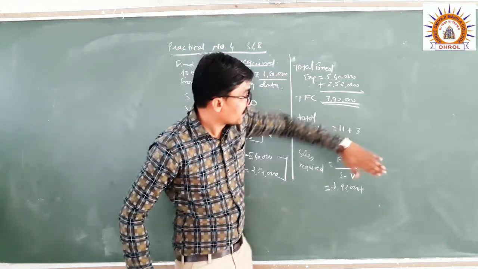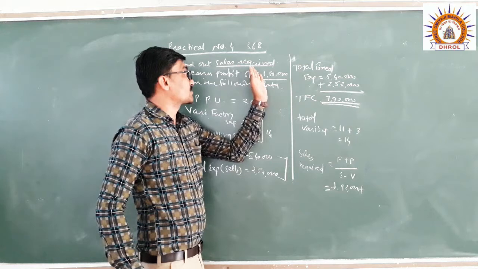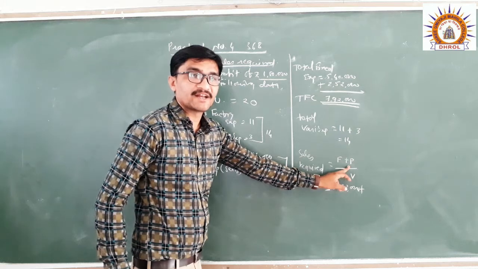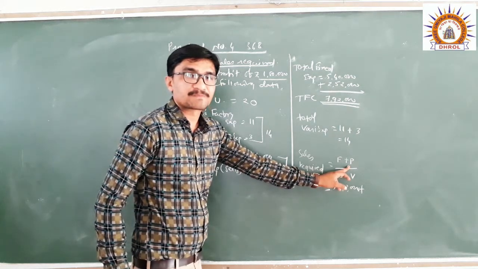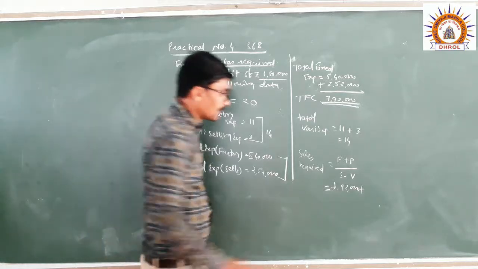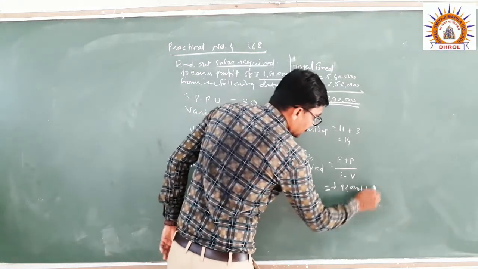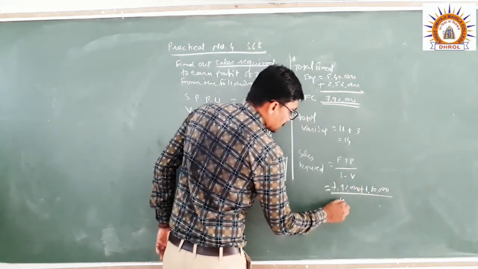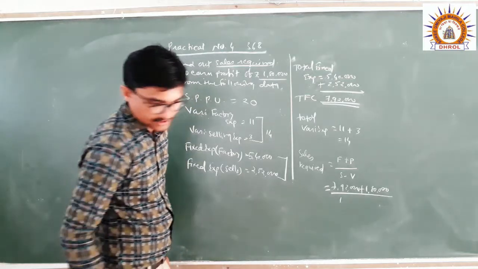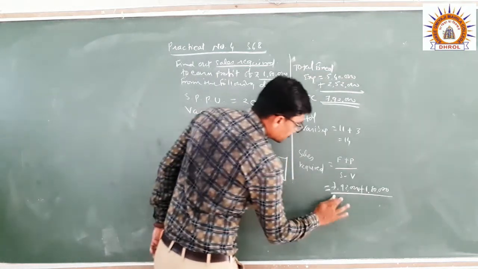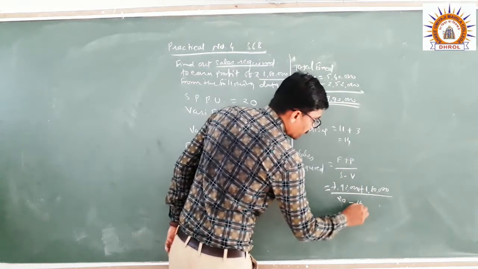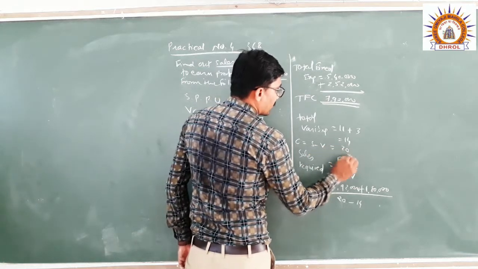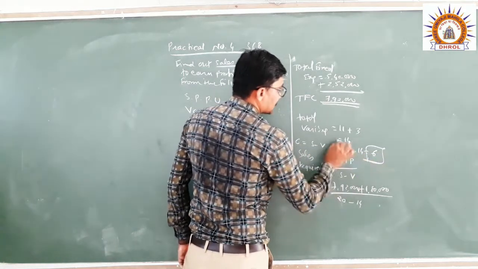But if the profit is given, in that case you are required to calculate the sales required, and you just add P to the fixed expense, so F plus P: 7,92,000 plus 1,80,000. Then S minus V, that means here the S is 20 and V is 14. Now you can also calculate this separately: C is equal to S minus V, and 20 minus 14 is equal to 6.